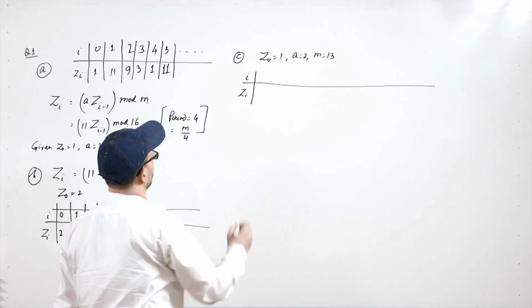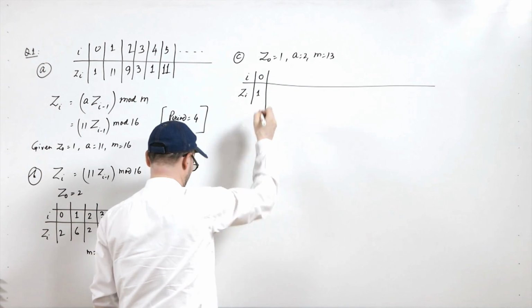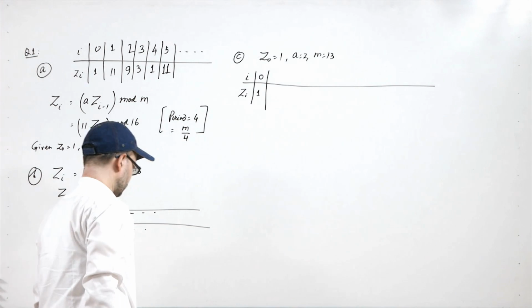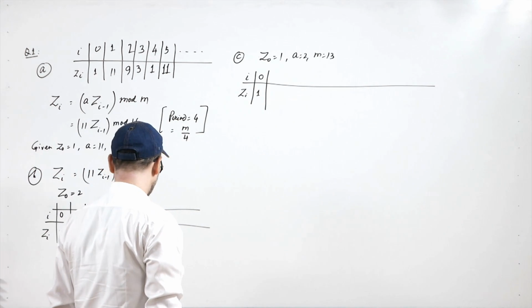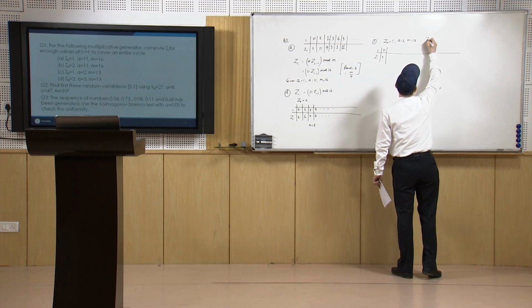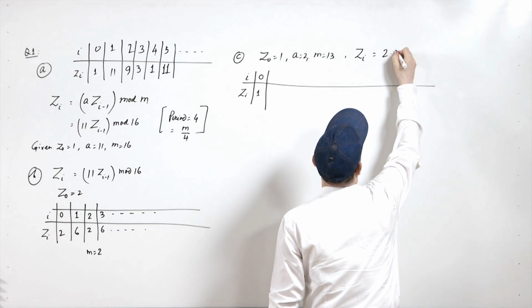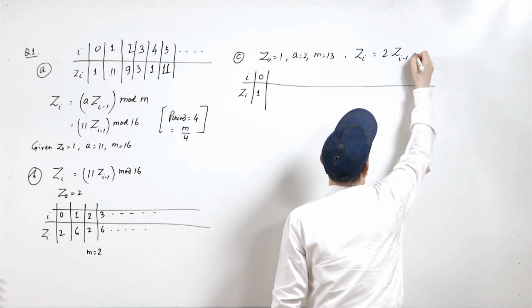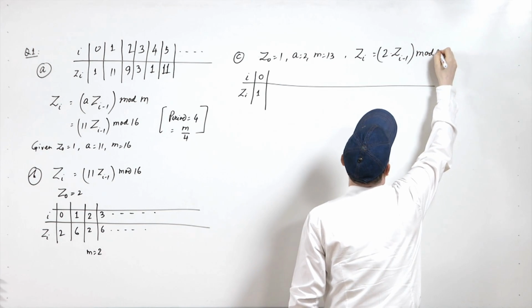So, Z0 is given as 1, so if I is 0 it is 1. In this case the expression will be Zi equals A into Zi minus 1, so 2 into Zi minus 1 and then mod 13.